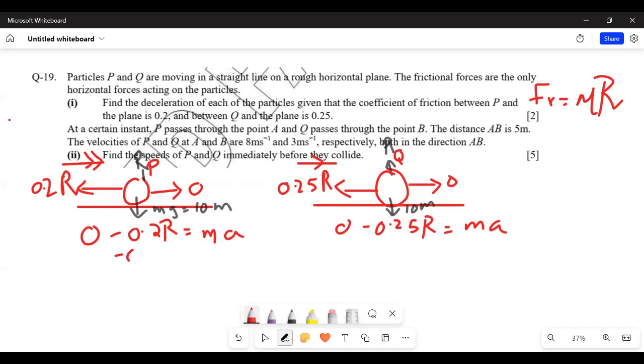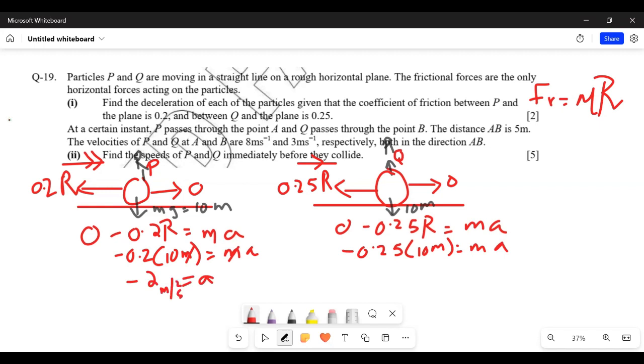So this would be minus 0.2 times 10m equals ma. And this is going to be minus 0.25 times 10m equals ma. M and M get cancelled. Acceleration equals minus 2 meters per second squared.